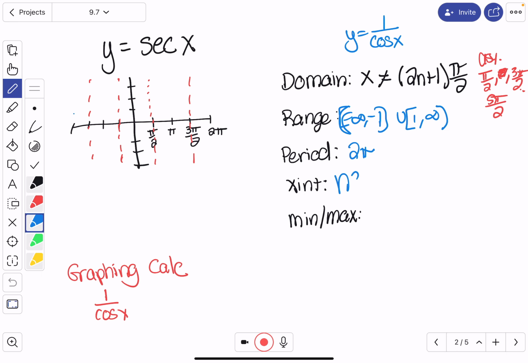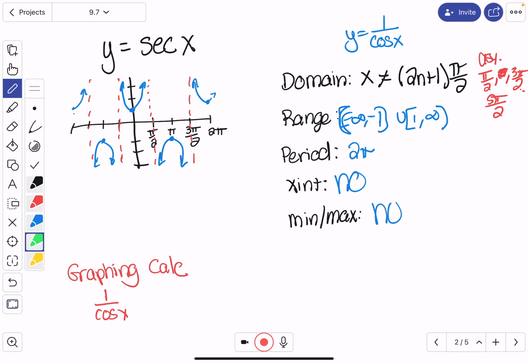There's no x-intercepts and no max and min on this. So the way it looks is you've got a curve here, a curve here, which will in reality keep going, and so on and so forth. So it looks like this.